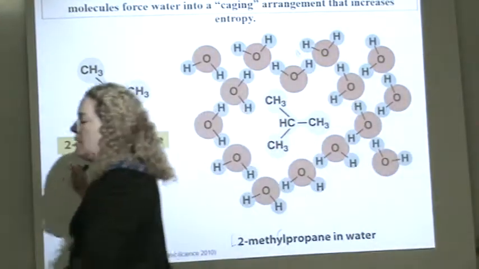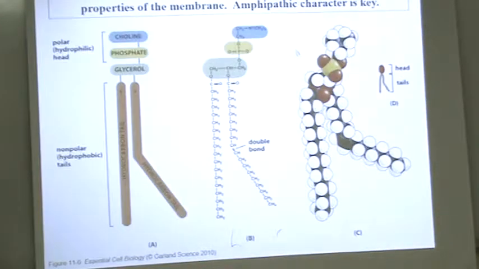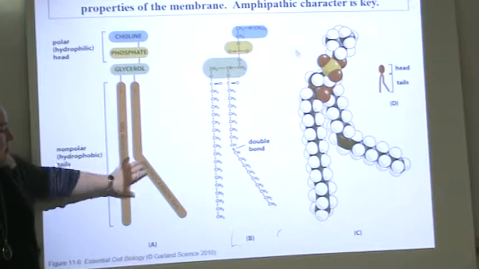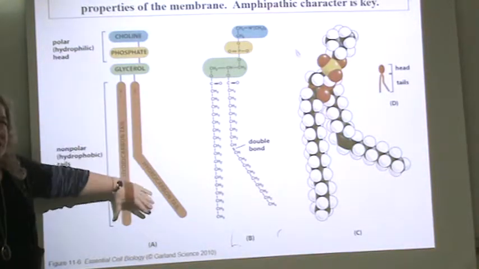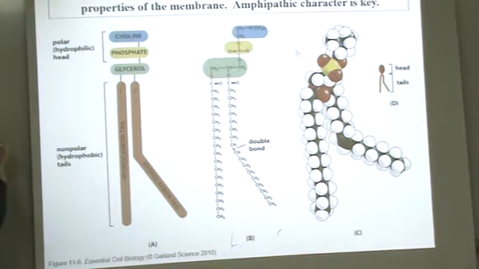So the hydrophobic parts of phospholipids will naturally associate together because the association of the hydrophobic tails increases entropy overall.